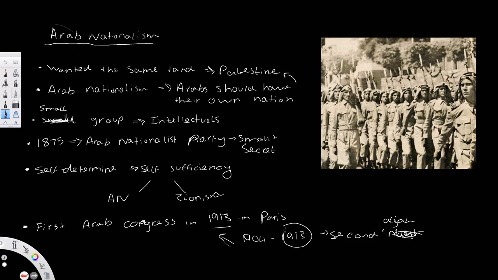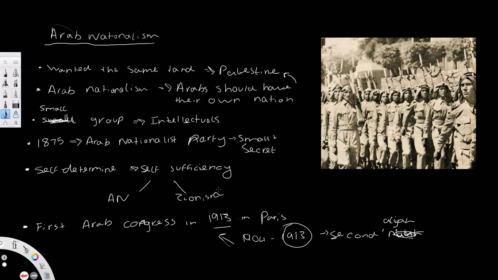So by 1913, we have a large immigration influx of Jews, which is a real indication as to why the first Arab Congress was in 1913. As we see, more and more Jews are going and living and settling in Palestine. That suggests that the Arab Nationalist movement sees the Zionist political movement as a threat.